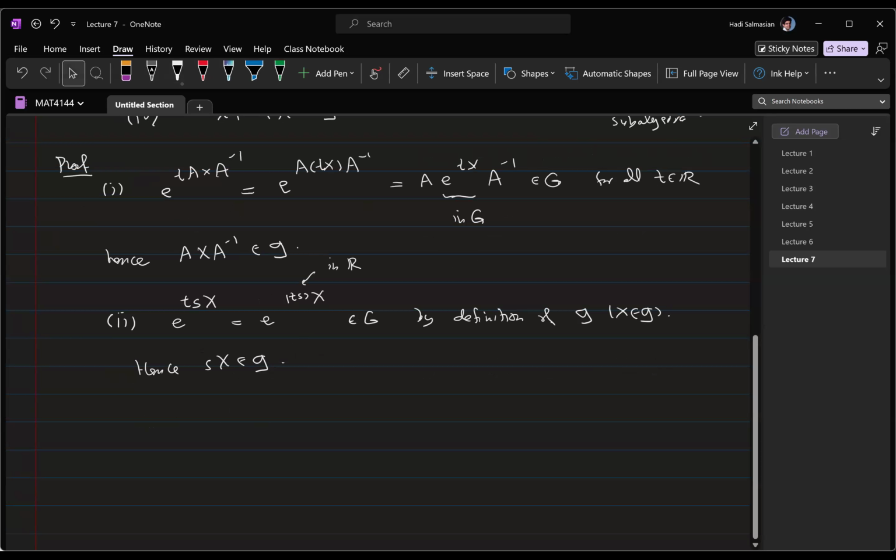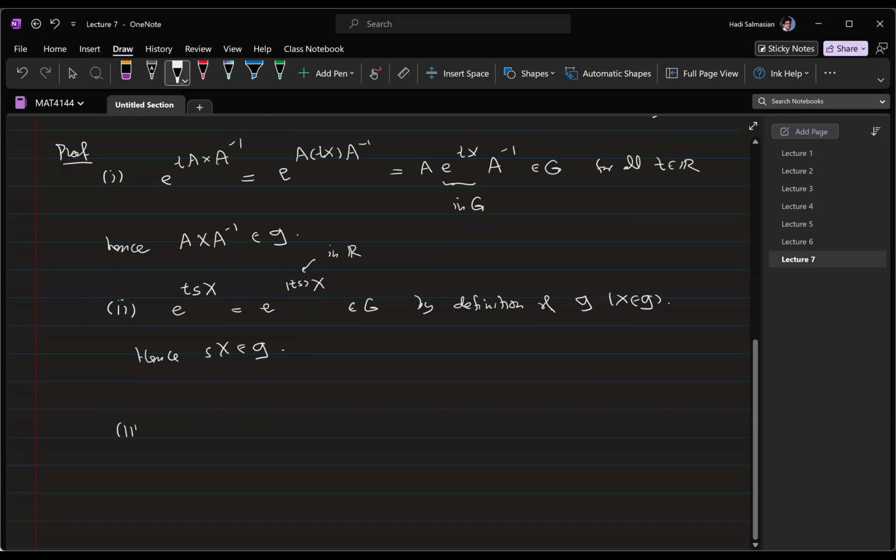The third one, however, becomes a little bit trickier. So we want to show that e to the t(x plus y) belongs to this curly G for all t. We know e to the x and e to the y are there, but we cannot write this as e to the tx times e to the ty because x and y do not commute.